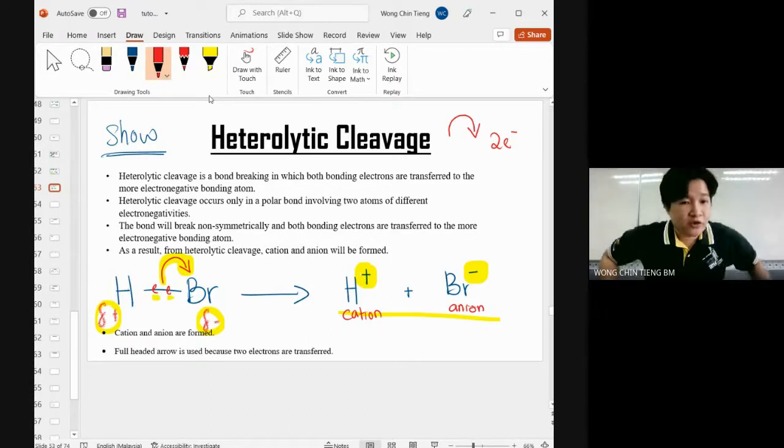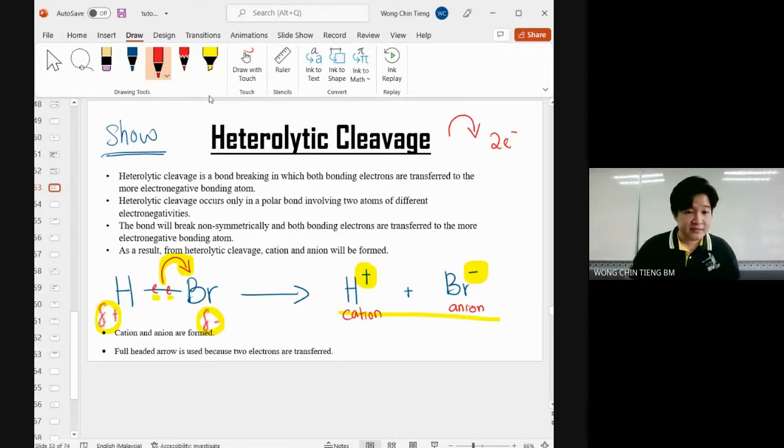Okay, so far so good. I will ask you this thing again, the type of arrow, full-headed arrow atau half-headed arrow, for the rest of the semester when we talk about mechanism. There will be certain parts, siapa yang SDS, SES pun kamu tak belajar sebab SES kita tak belajar mechanism kecuali free radical substitution, betul?